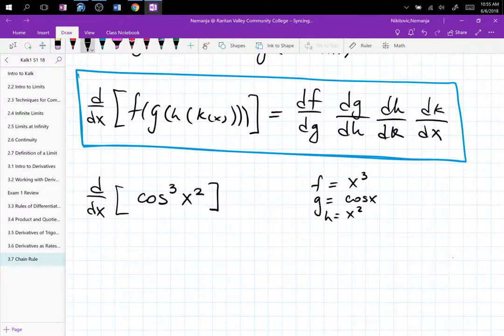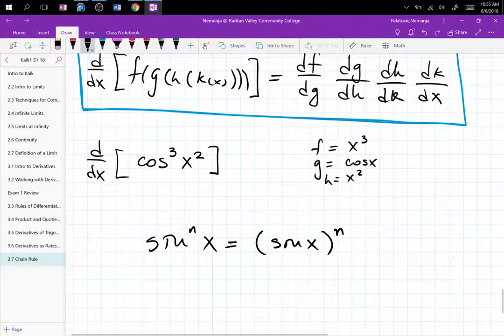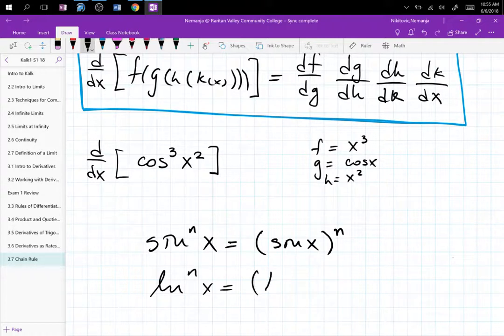First off, if you are confused by this, please learn once and for all that sine or cosine to the nth power means this. All right? So if you are having issues, this is most likely the issue that you have. You don't know the notation. Same thing goes for ln. ln to the nth power of x is ln x to the nth power.